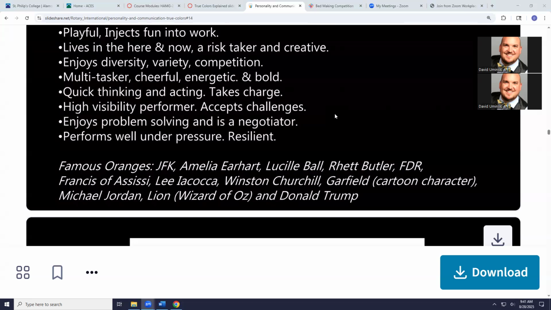Now, jumping real quick before we get into how these colors work, there's The Working Genius, which is a podcast that I highly recommend that you listen to. When I finally bit the bullet and took the test, I think it was like $25, I found out that galvanizing and enablement are my two working geniuses.